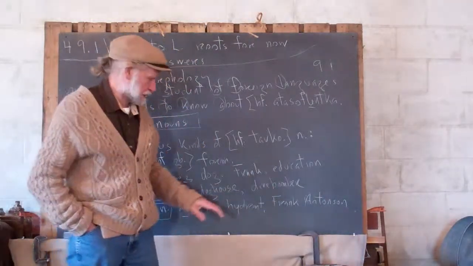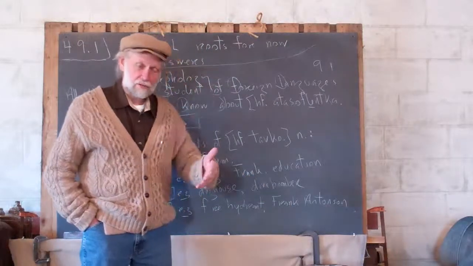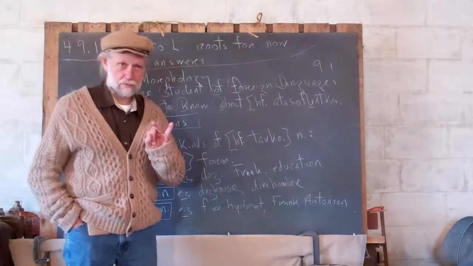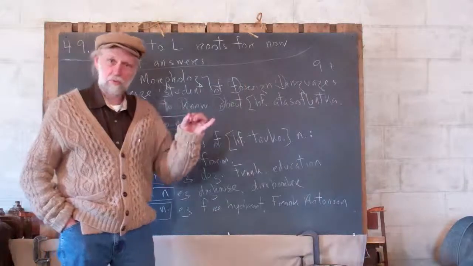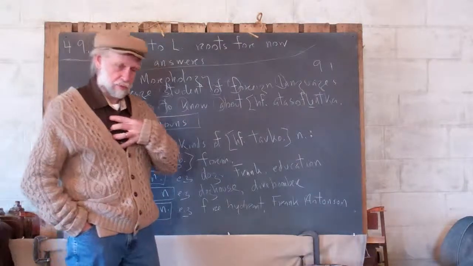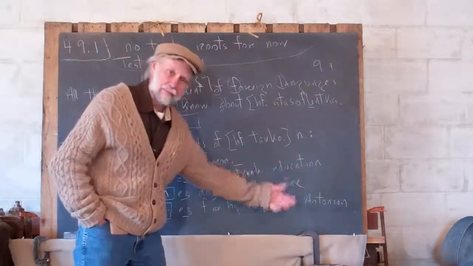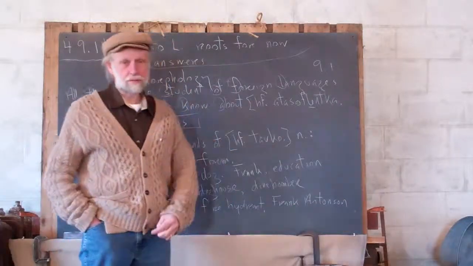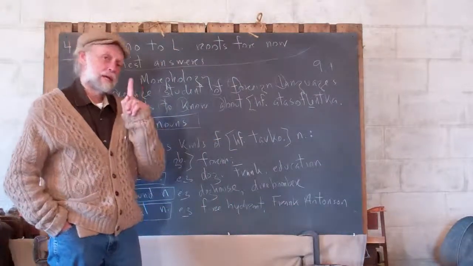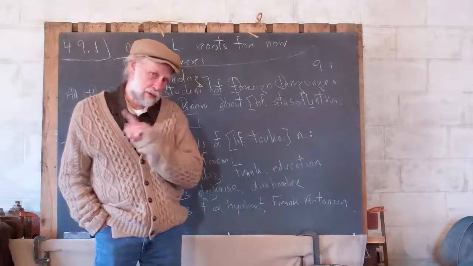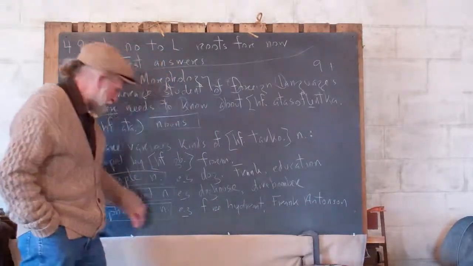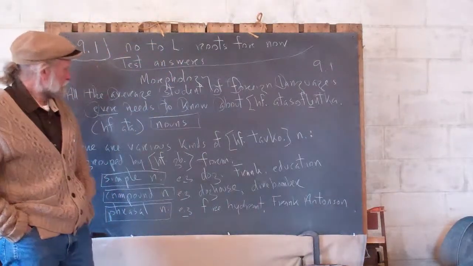I'd write your own name down there. But Frank Antonsen, those aren't two nouns. That's one noun. It's two words, and it names this person right here. If I had put my middle name, Frank Bradley Antonsen, it would have taken three words, and yet it still only would have been one noun. Well, when that happens, that's called a phrasal noun.